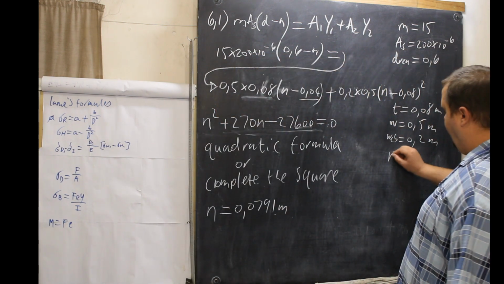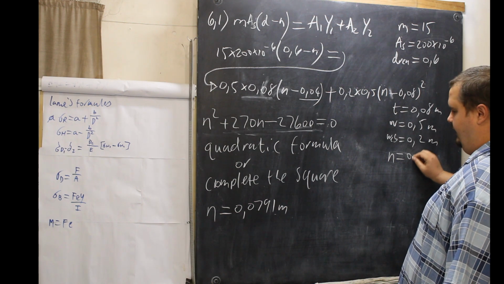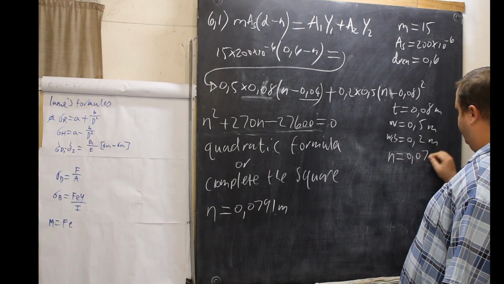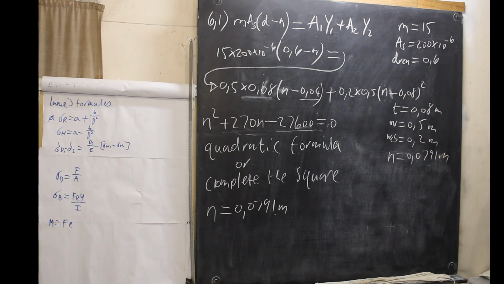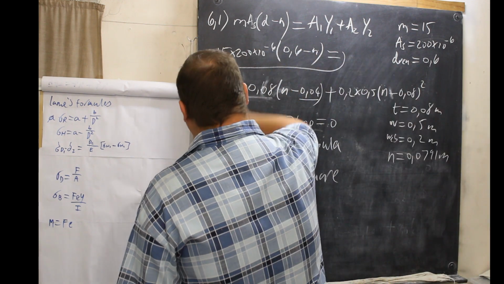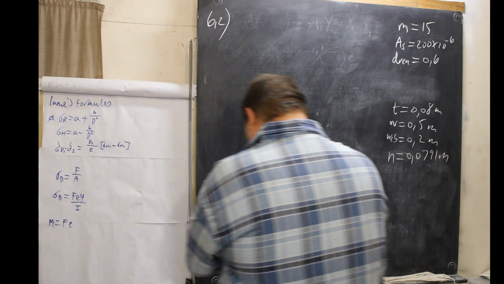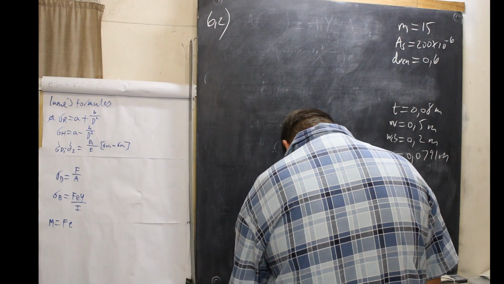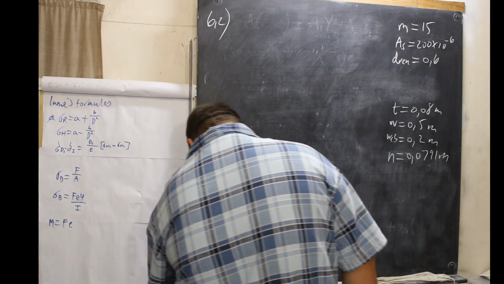That is n, and n will be very important when we are doing the next round of sums. We are looking for the maximum bending moment that the beam can handle.